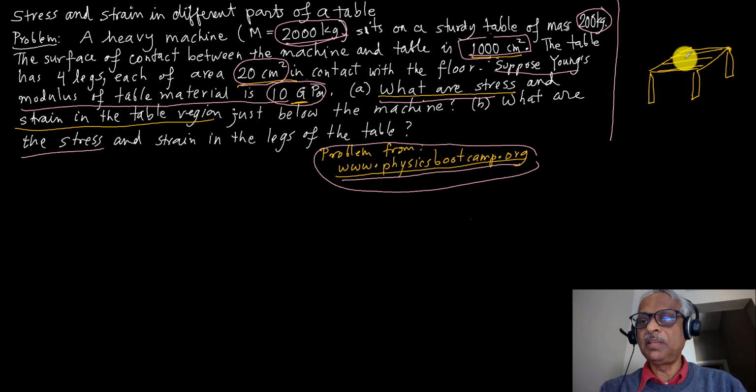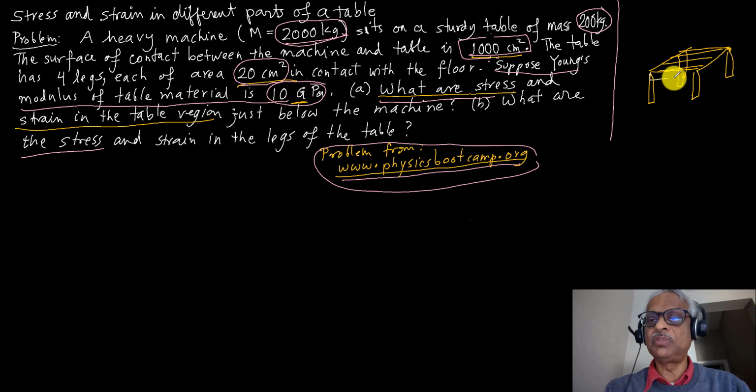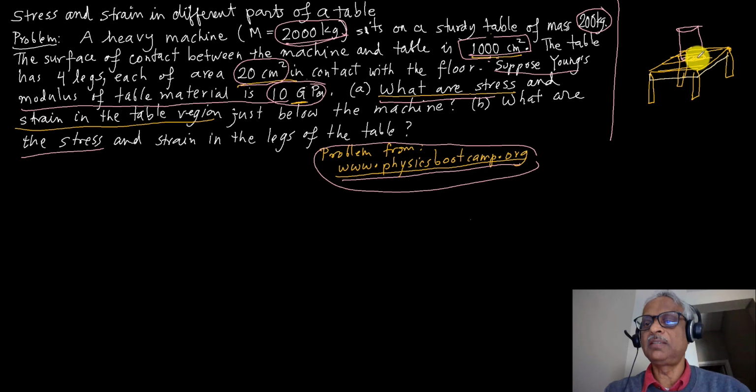This is a pretty heavy table, and the table also has some thickness, and on top of the table sits some big machine. So there is this area of contact, A, and the area of contact of each of those legs is little a here, and little a here, and little a here, and little a here.